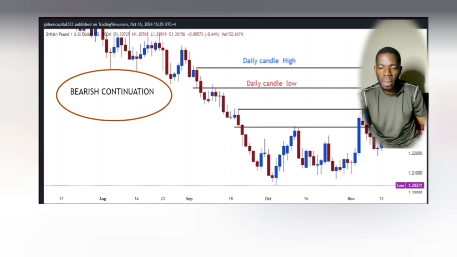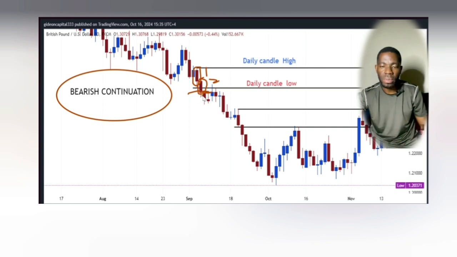So we can see our daily candle here. This is the first day, and the second day candle closed below the previous day candle. So we target our sales beginning at the start of the third day candle.